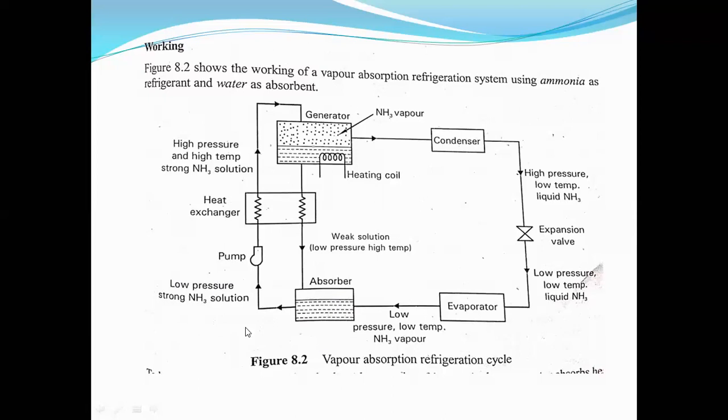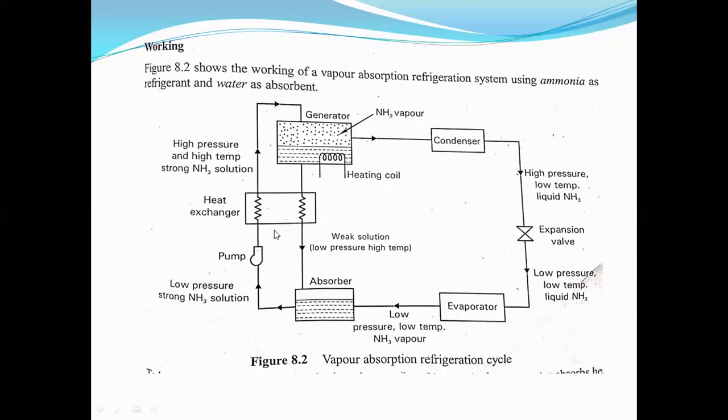The next function is that this low pressure, low temperature, strong ammonia solution is then taken into the pump. You remember, we have a compressor in the vapor compression refrigeration system, or VCR. That part is replaced by a pump in the case of VAR.